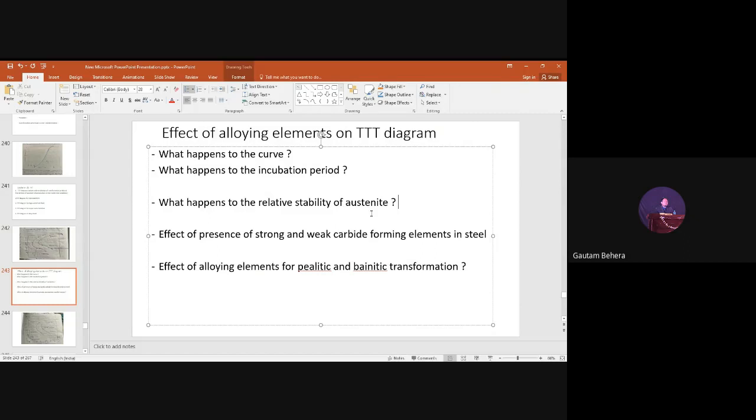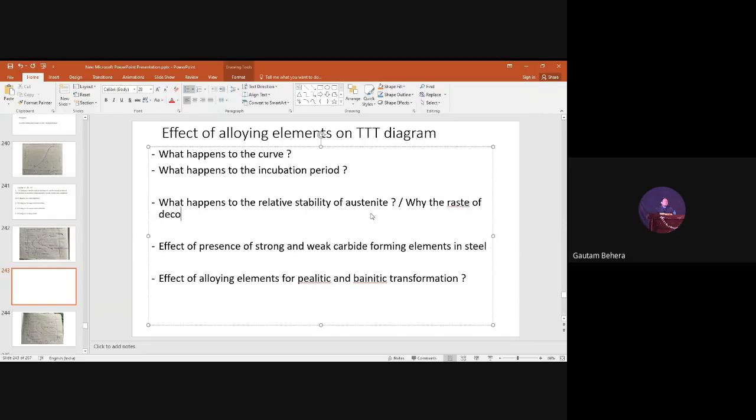The question is why the relative stability of austenite increases, or why the rate of decomposition of austenite reduces. This is the same question.